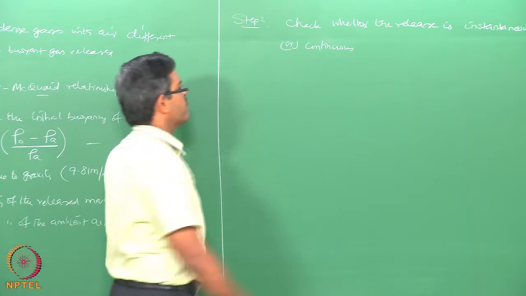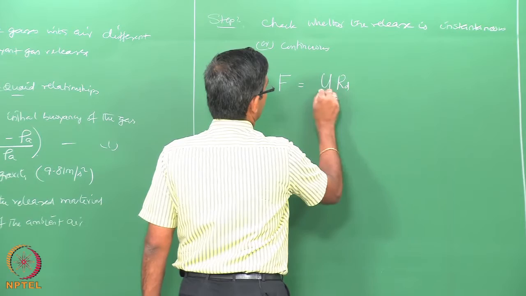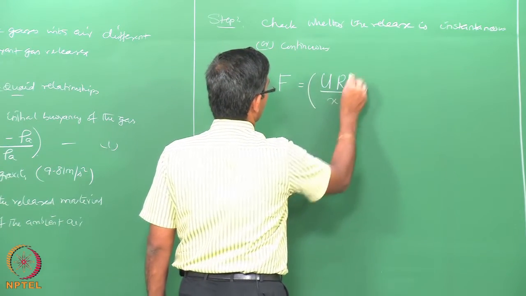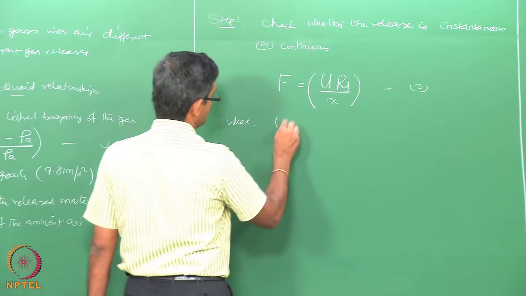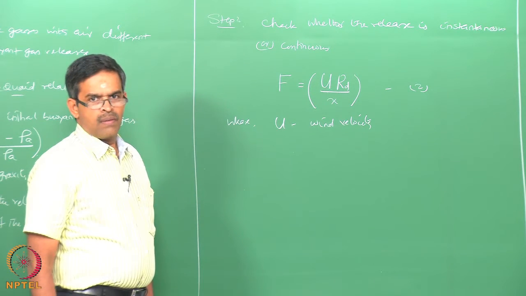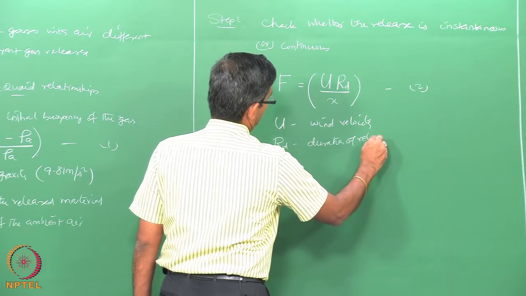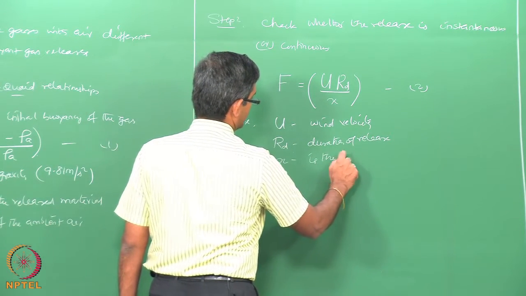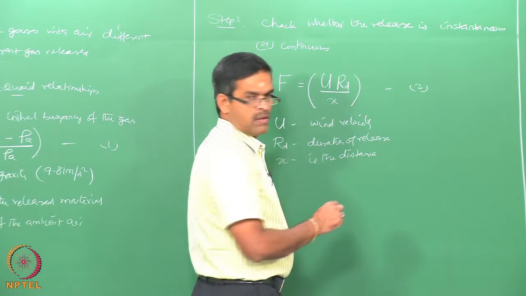Compute a value called f, which is given by u Rd by x, where u is the wind velocity, Rd is the duration of release, and x is the distance from the release point.